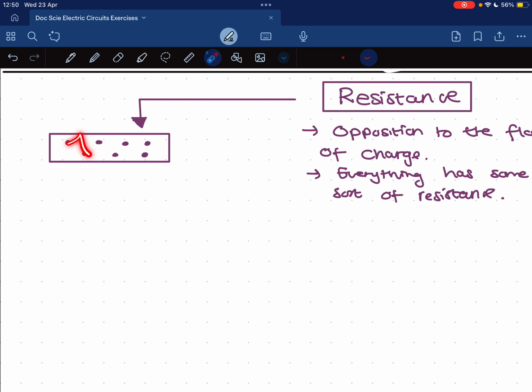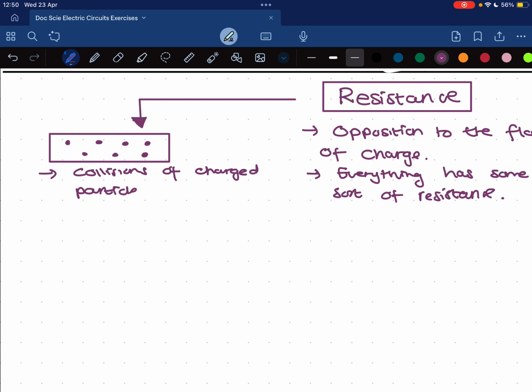They are trying to move throughout this conductor from one side to the other side. So they bounce off the sides of the conductor, and they also bounce into one another. Okay, so due to these collisions of charged particles, we have resistance.